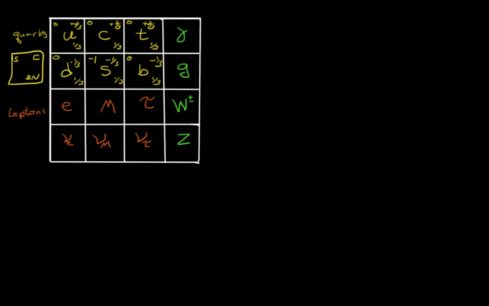So one thing I want to cover with you is these are all normal particles. These are the particles that we usually deal with. But there is such a thing called antiparticles.